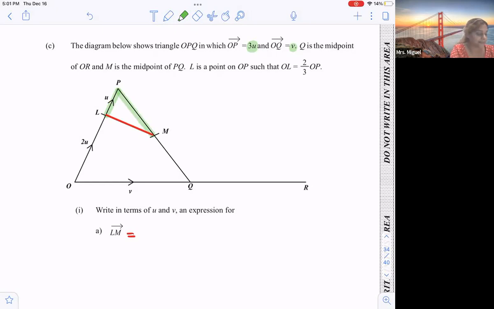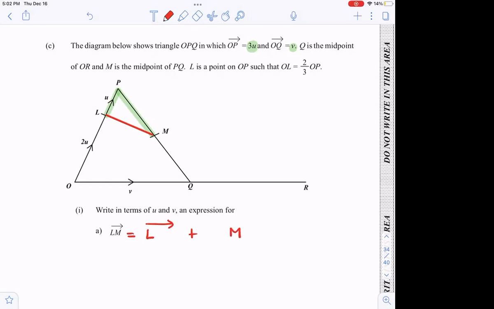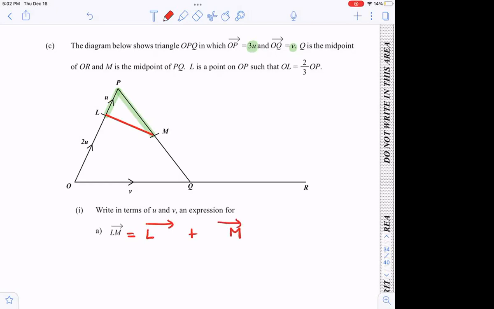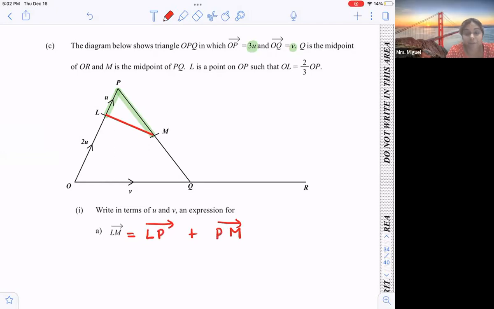We know the start must be L and the end must be M. So the two vectors are L to P and P to M. The vector in the middle here is the common vector and that must be the same. So we know LP is equal to U. We have to find PM now.